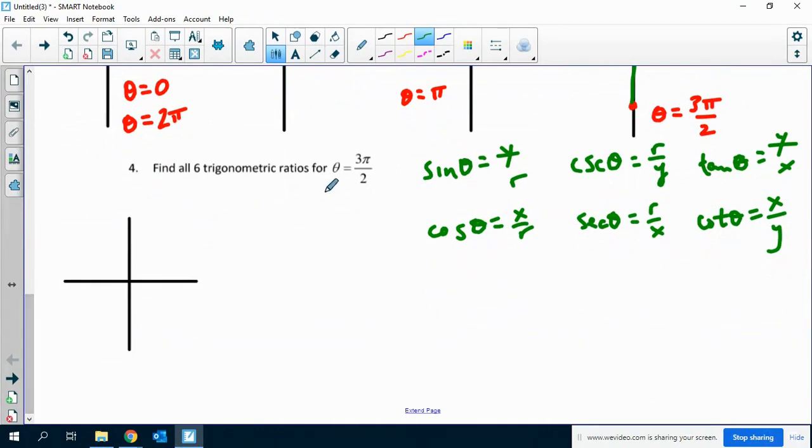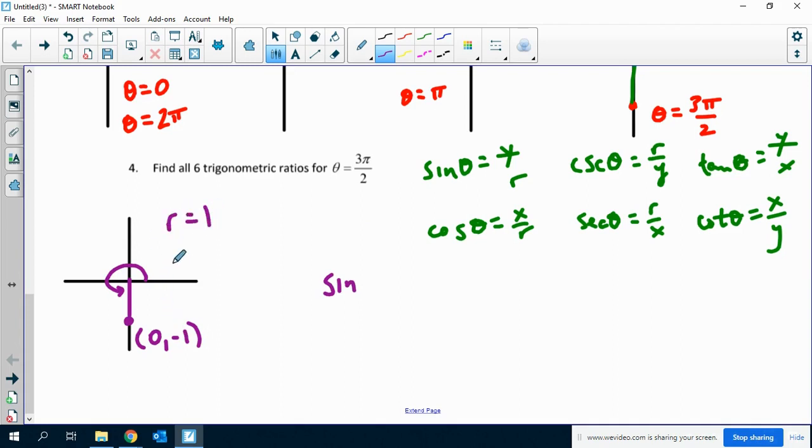So let's take a look at 3 pi over 2. 3 pi over 2 is going to be a quadrantal angle. It's the same thing as 270 degrees. And I can actually figure all these out pretty easily. So this is the point 0, -1. Well, that makes it really easy to do all of these things. Notice that the radius is exactly equal to the length of y.